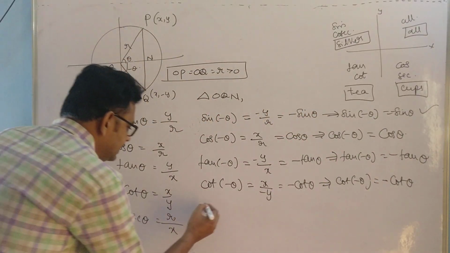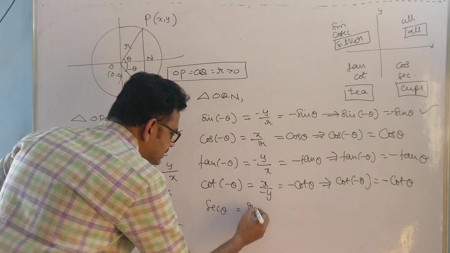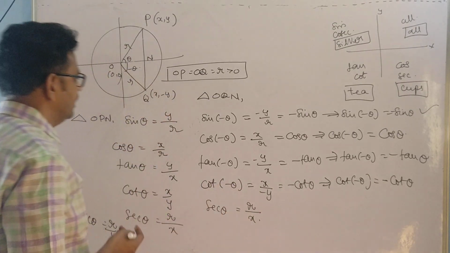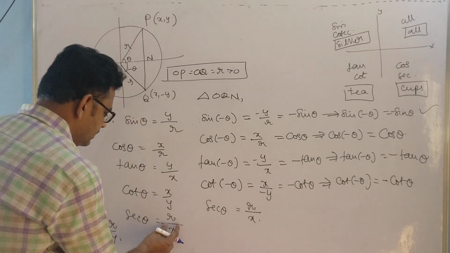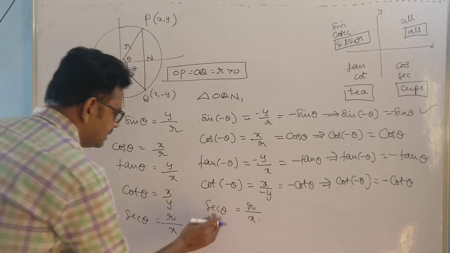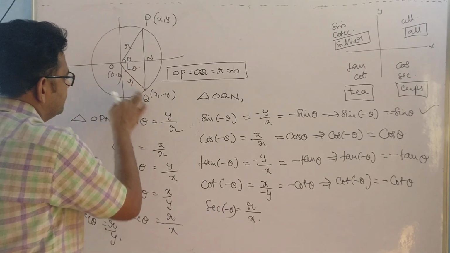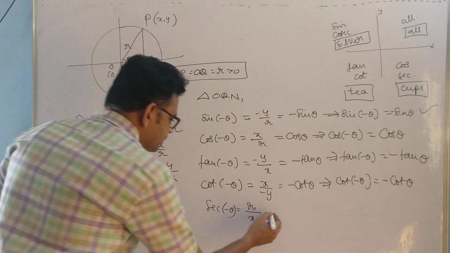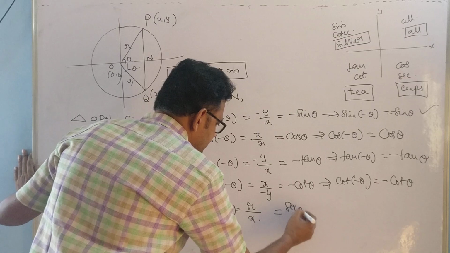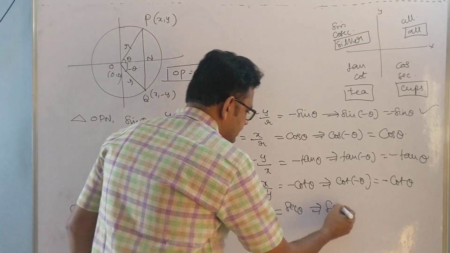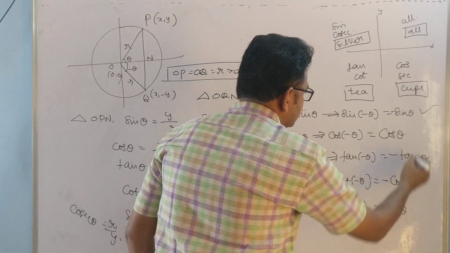Next, secant theta is distance by abscissa, r by x. Secant of minus theta is equal to r by x, which is also equal to secant theta. So secant of minus theta is equal to plus secant theta.